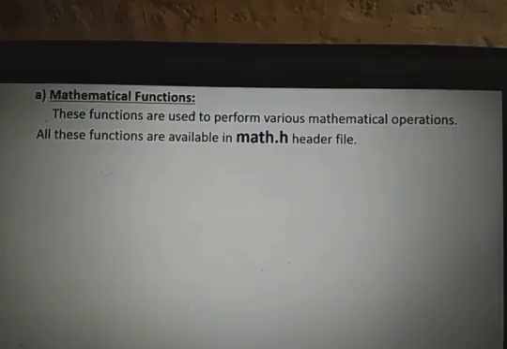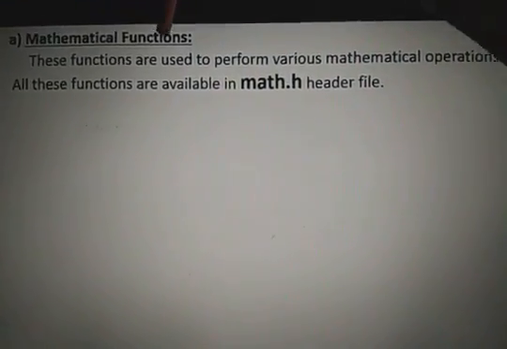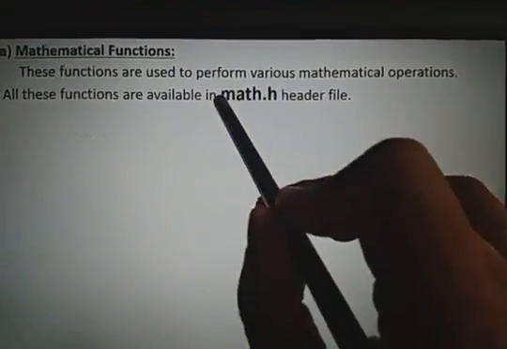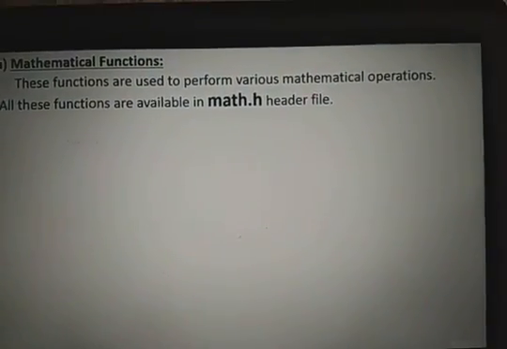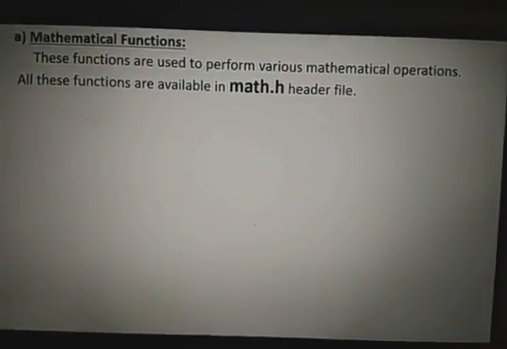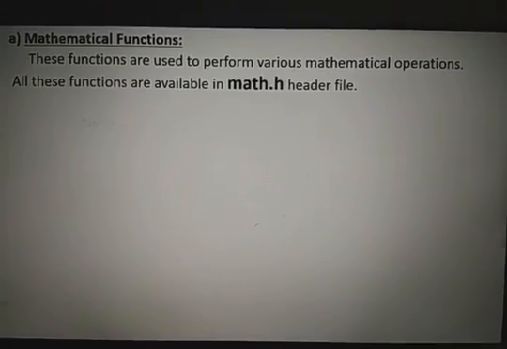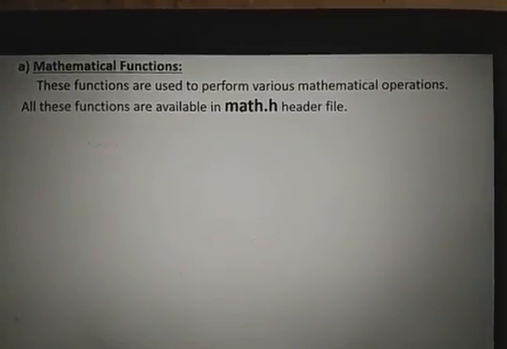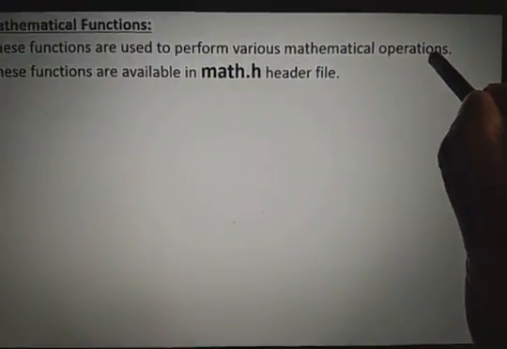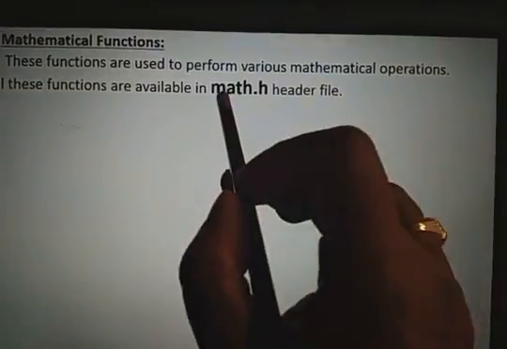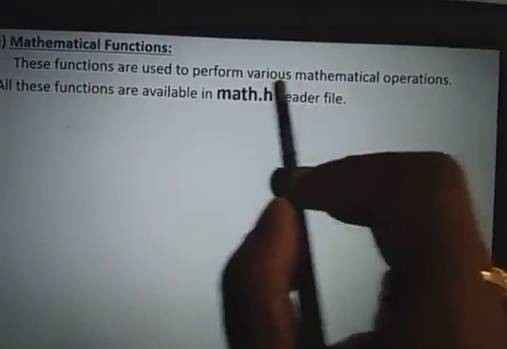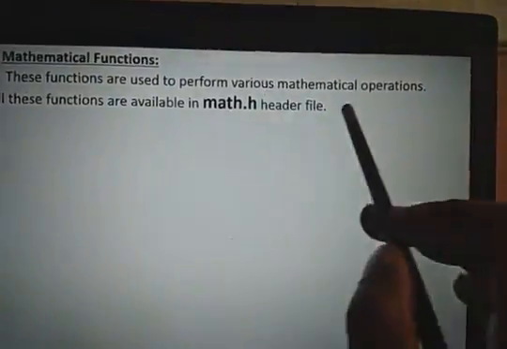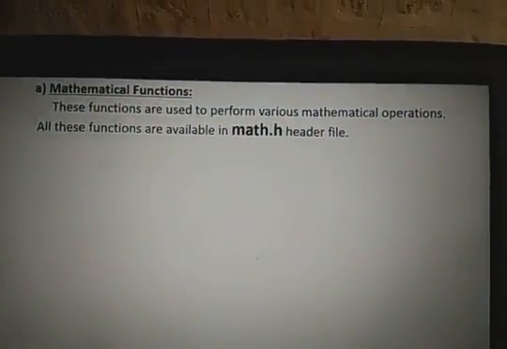In the same way, if you want to use any mathematical function in your C program, we should include the header file called math.h. The math.h is a header file having the functions which are related to the mathematical operations.